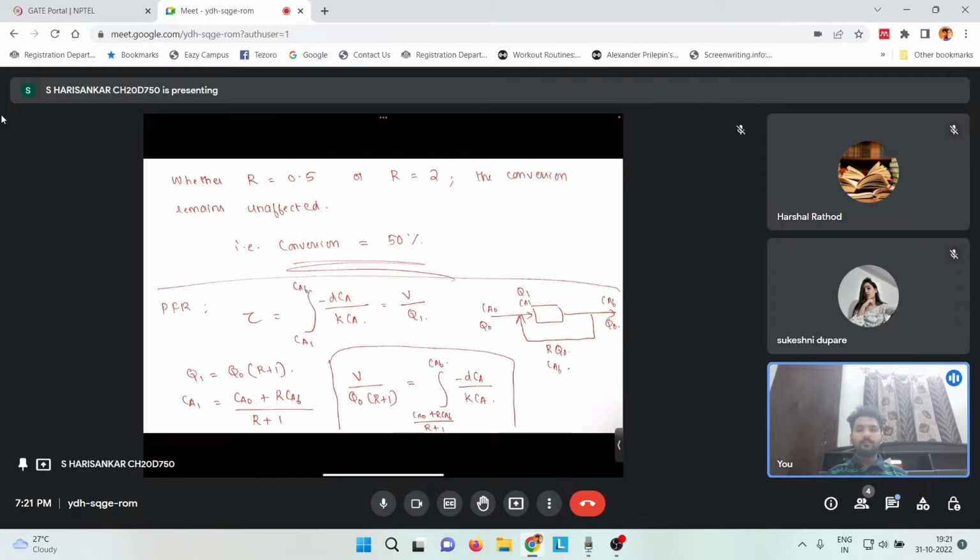So this will be the design equation for a PFR with recycle.